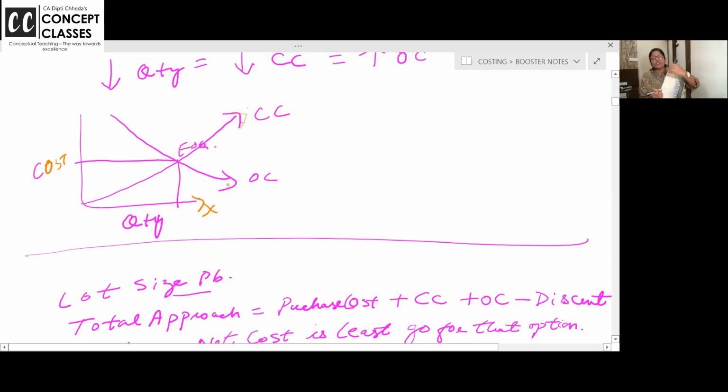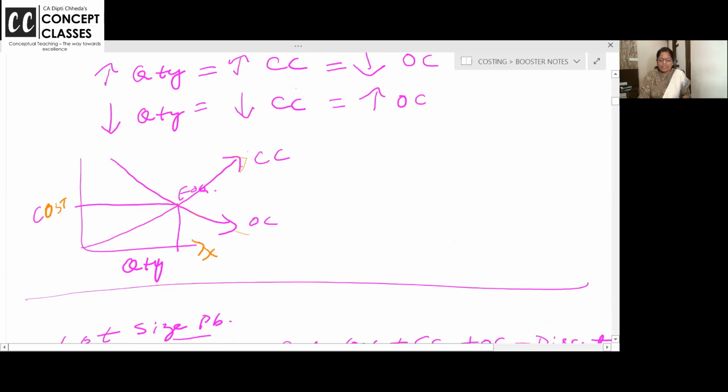If you purchase 1,000 at a time, you place 10 orders. If you purchase 10,000 at a time, only one order. So the higher the quantity, the lower the ordering cost. This line intersects the ordering cost, and this is the point of EOQ. Here the cost is least and this is the quantity you should purchase.